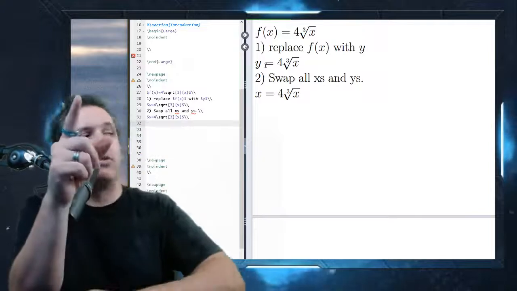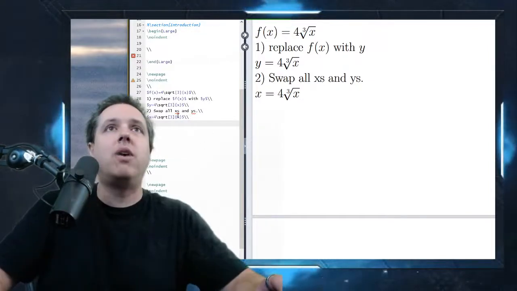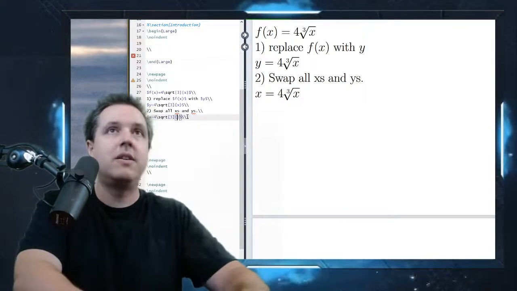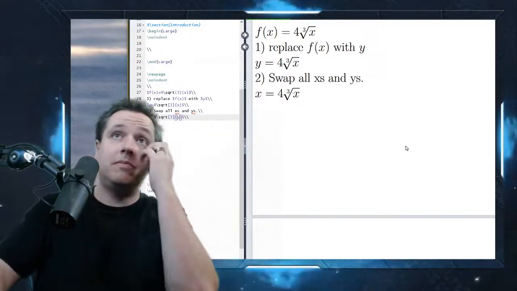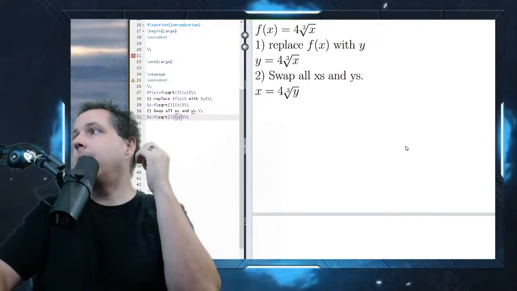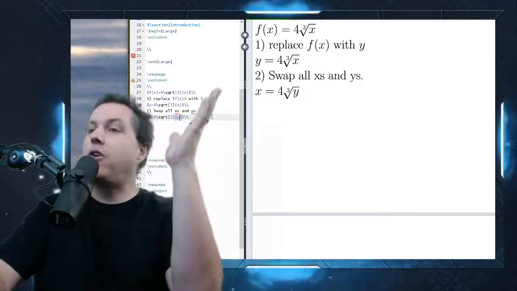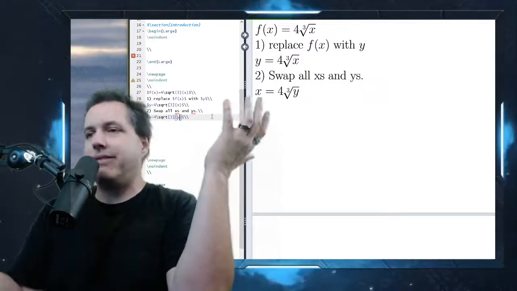Okay, that looks right. So see, I turned that y into an x. Oops, but I didn't turn the x into a y. That's right there. Okay, so the x's got turned into y's, the y's got turned into x's. So far, easy, right? Both of these steps, easy.